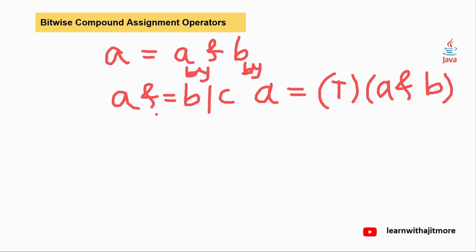In that case, ANDing is not done first. ORing is done first, guys, whereas the standard precedence is ANDing first and then ORing. But in this case, first the ORing is done. Understanding? It will do ORing first and then it will do ANDing. Why? Because that AND has gone with equal. Equal's precedence is lowest. Getting?